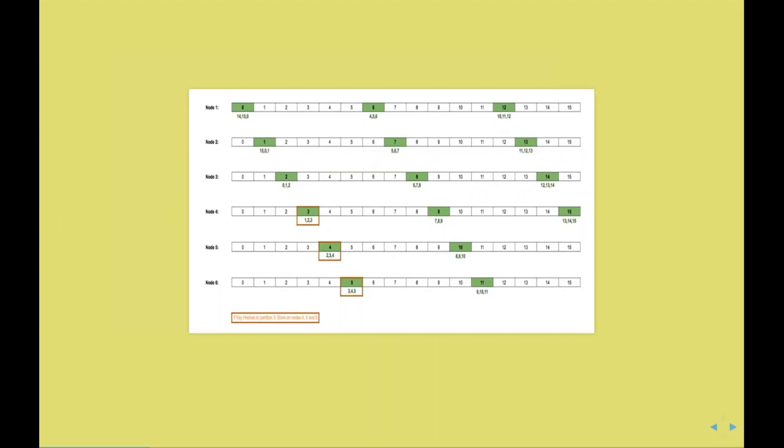So it has a concept of a ring size. The ring size represents how many individual databases exist within the cluster. This is an example drawn up with a ring size of 16 vnodes, we call them.